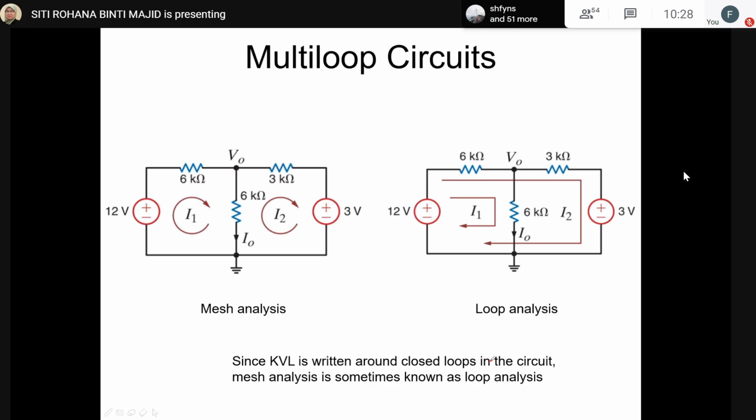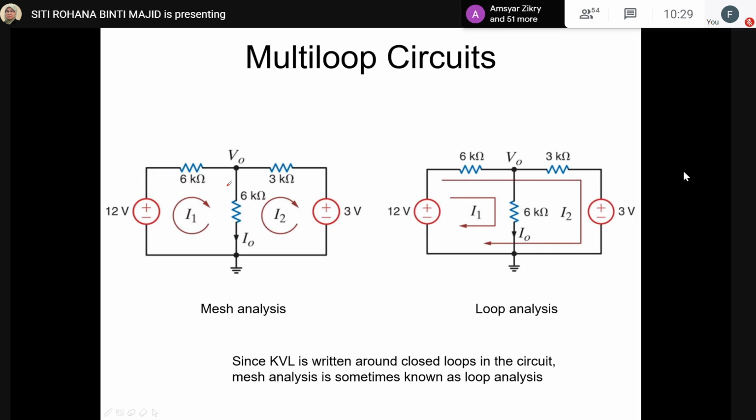Okay, this one will be harder, which is we have multiple loops. Okay, so the same concept we apply here, which is we should carefully look at the voltage of the terminal of the battery here. So we have 12 and also 3, and then this one is the current loop.